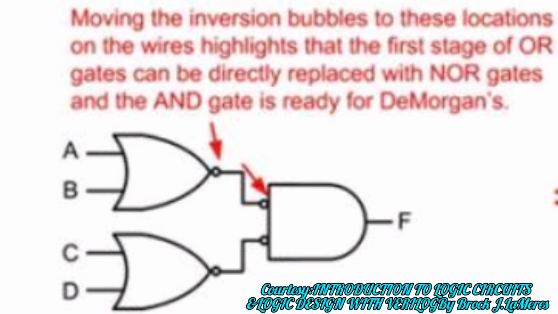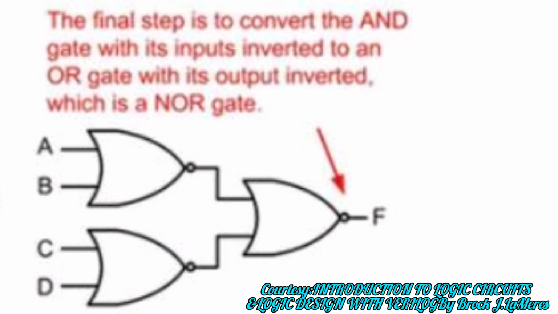The bubbles are relocated such that we will be having two NOR gates towards the input side, and towards the output side we will be having an AND gate with the inverted inputs. Here the final AND gate with inverted input is replaced by using a NOR gate, because we know an AND gate with inverted inputs is equivalent to an OR gate. Thus a NOR only circuit is developed.